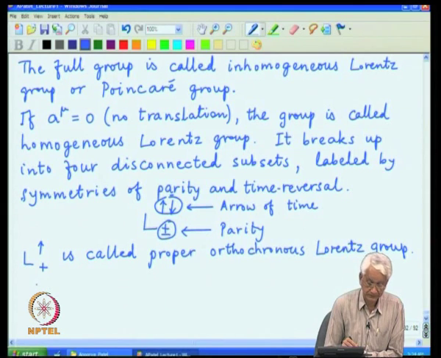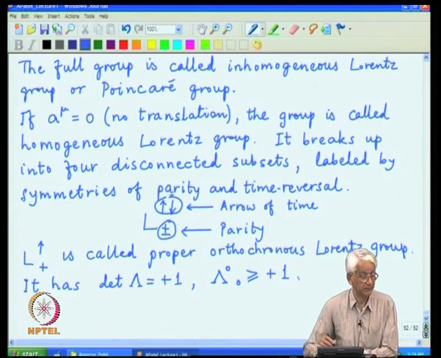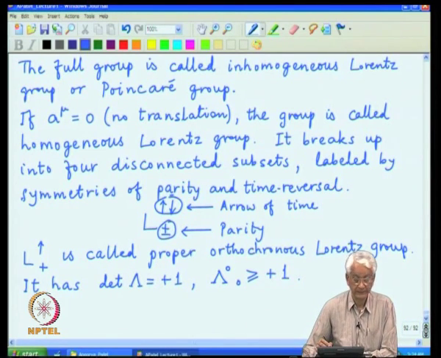And the characterization of this set of transformations is given by determinant lambda equal to +1 and the 0 element, which defines the arrow of time, being greater than 1.